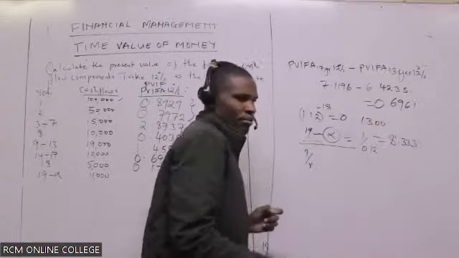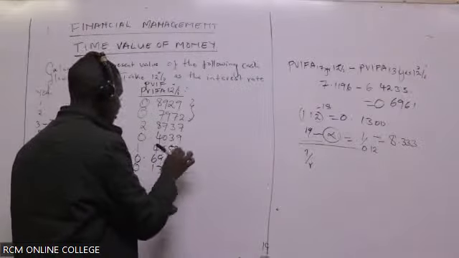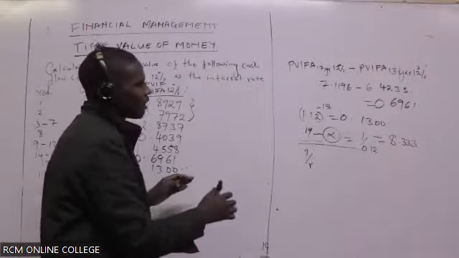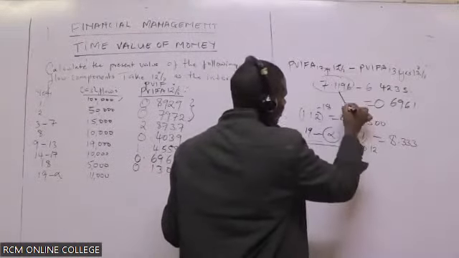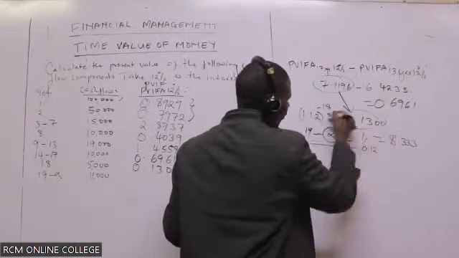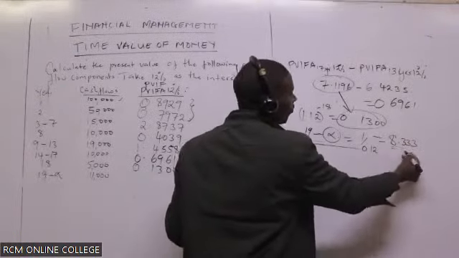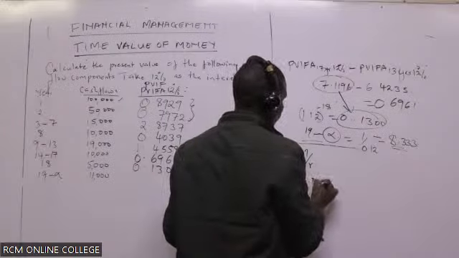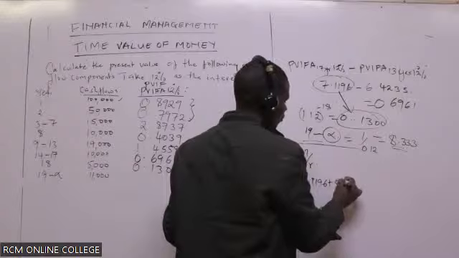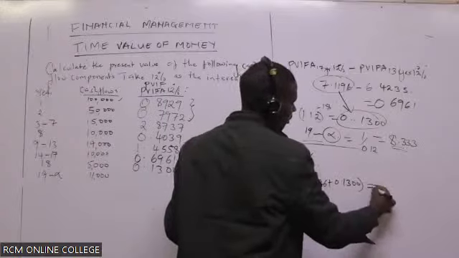So instead of saying 8.333 minus this minus this, I just add the year 18 one to the 17 years: 7.1196 plus 0.1300. That one is for 18.